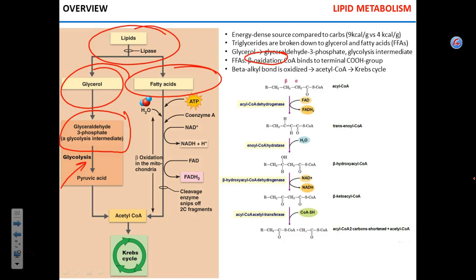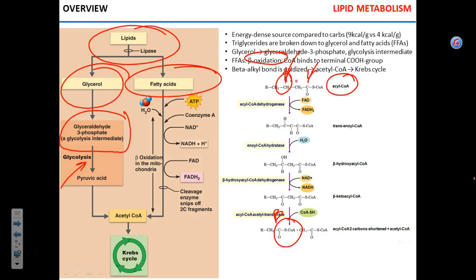Here's the idea. Acetyl-CoA binds to the carboxyl group here. And then in a few oxidative reactions, this carbon, the beta carbon, becomes oxidized. So this is what used to be the beta carbon.